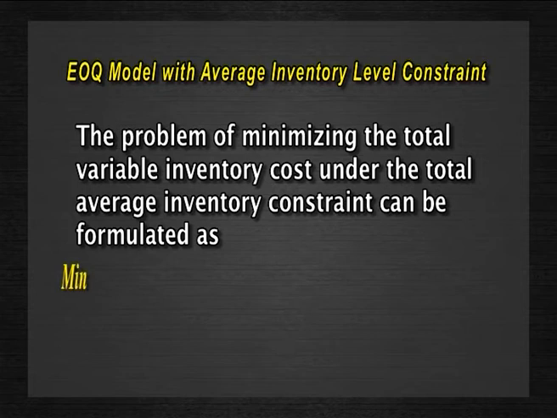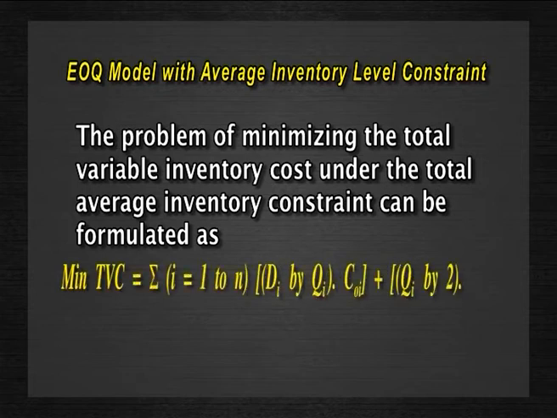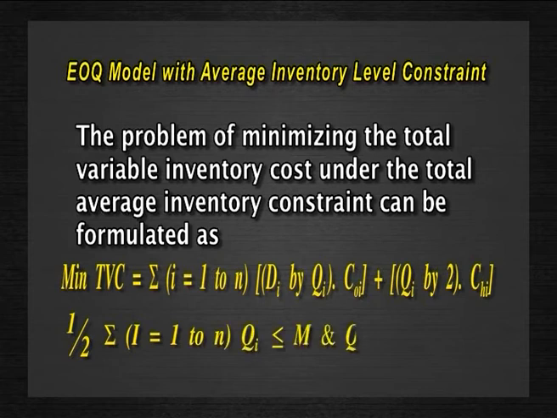as min TVC equal to sigma of i equal to 1 to n, di by qi into COi plus qi by 2 into CHi, subject to the constraint half into sigma of i equal to 1 to n, qi less than or equal to m and qi greater than or equal to 0 for all i.